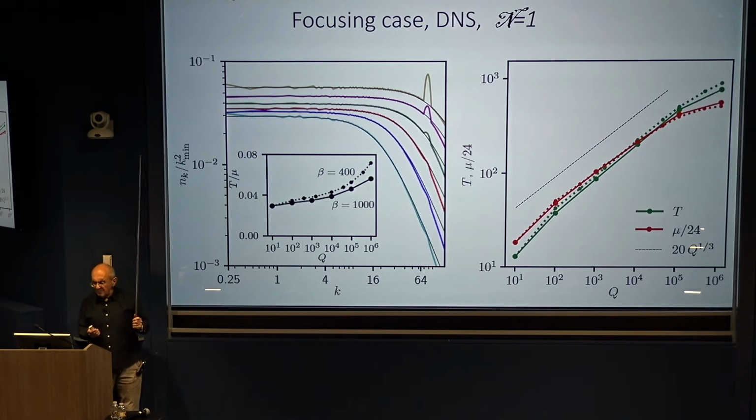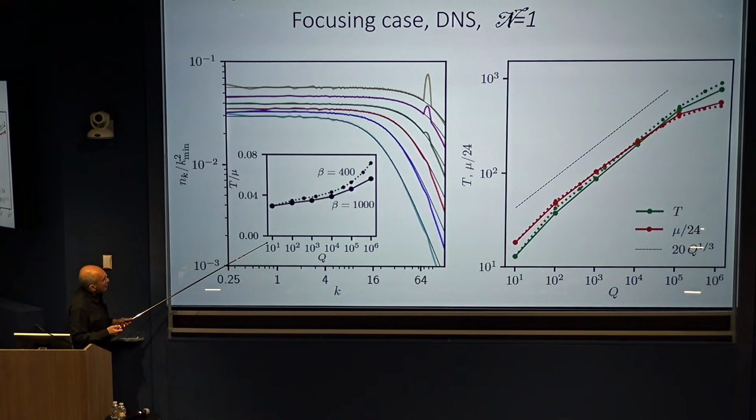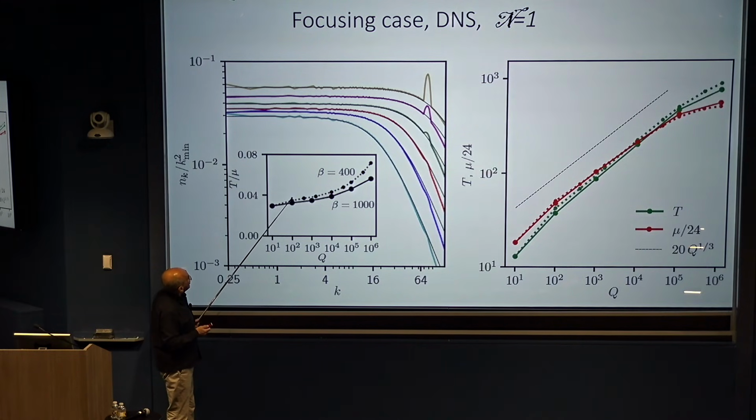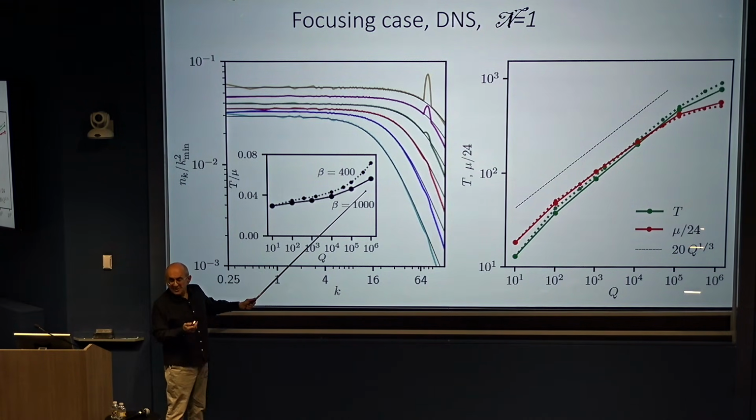Again, that's the focusing case, and you see how, through 5 orders of magnitude of increasing flux, the amplitude of the spectrum changes. It actually depends a little bit on the dissipation at large beta, but it changes only a little. This is the universality of the focusing case.